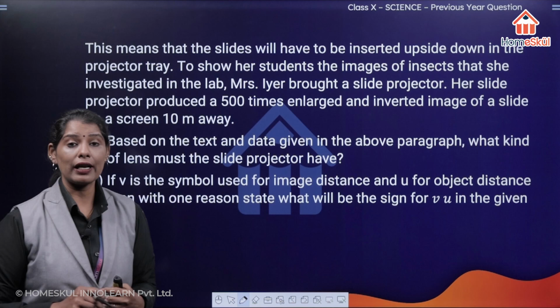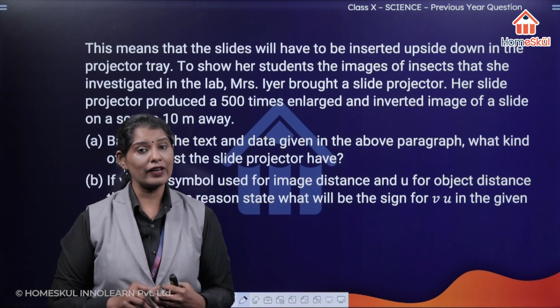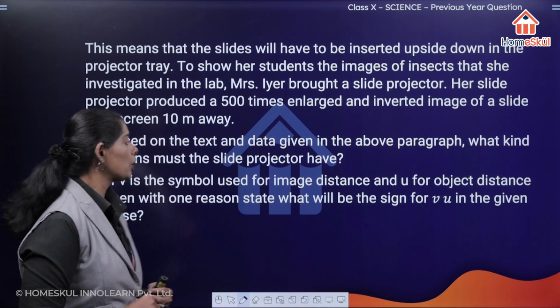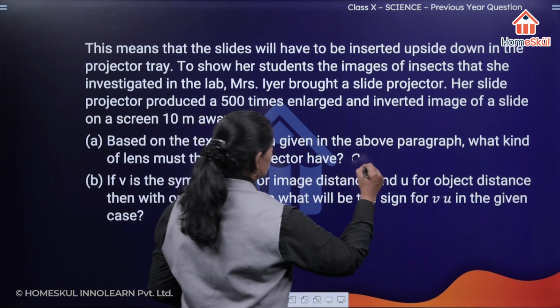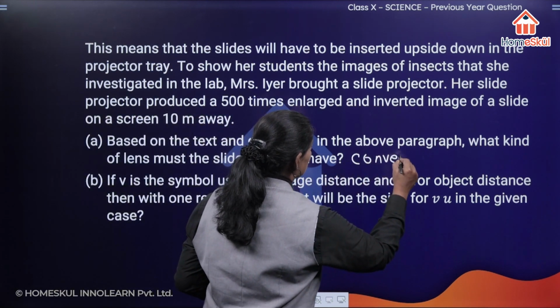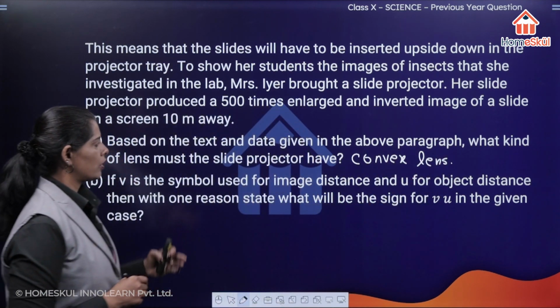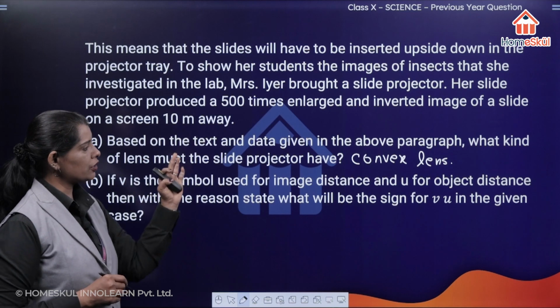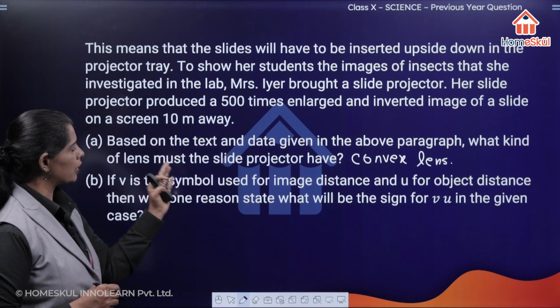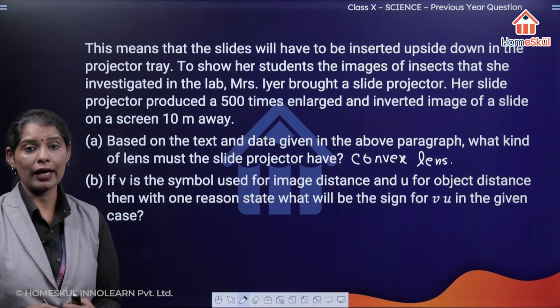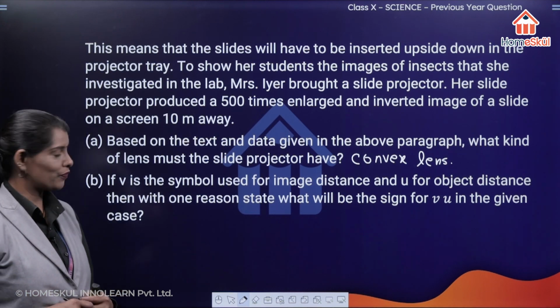So, to get a real and inverted image, what type of lens are we using? Yes, it is the converging lens, that is the convex lens here. So, based on the above given passage, we can find out that the lens which the slide projector must have is the convex lens to get a real and inverted image.